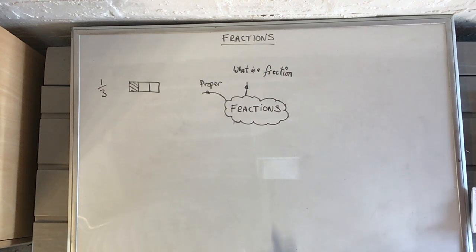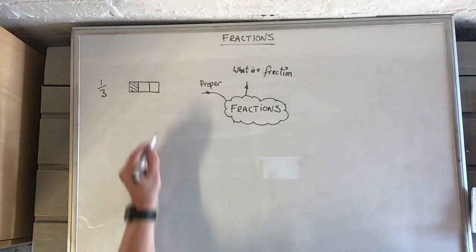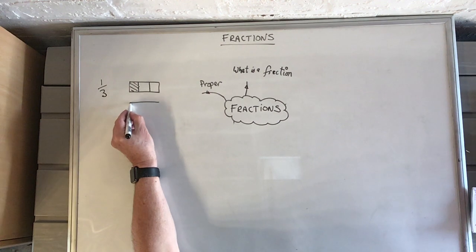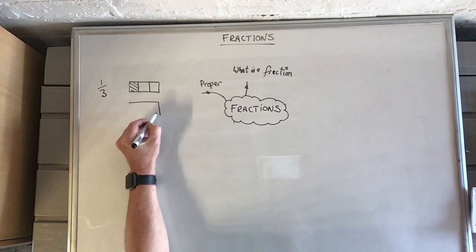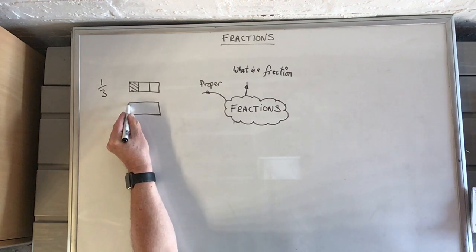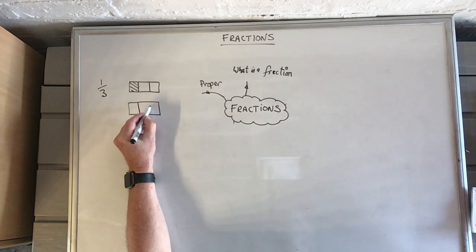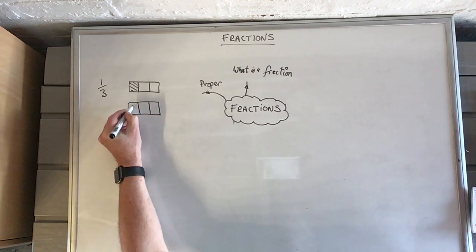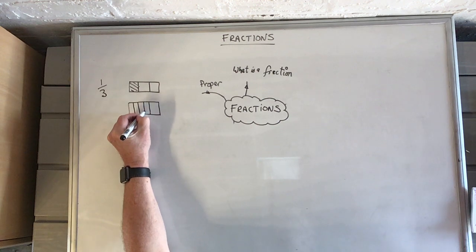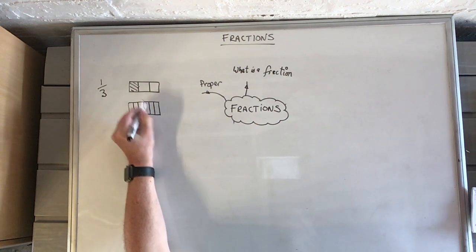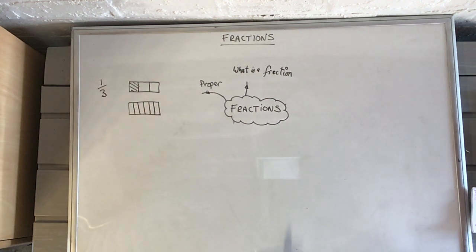Okay. So can I write down another equivalent fraction to a third? Well, I can take the same bar, and there's my thirds. If I half them, that means I've got 6 of them now, because I had 3, and I've halved every one of the squares.